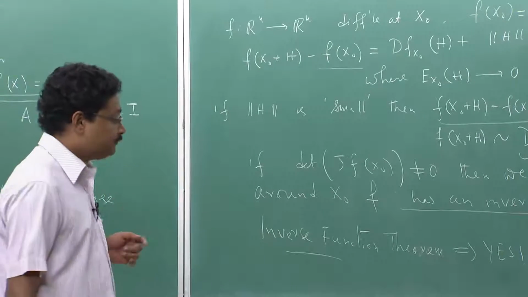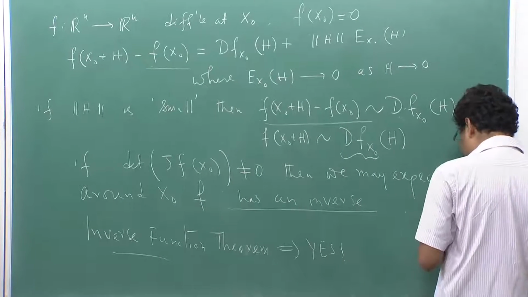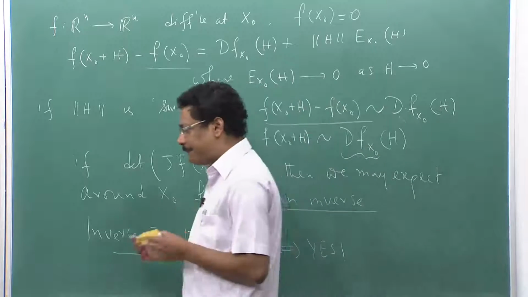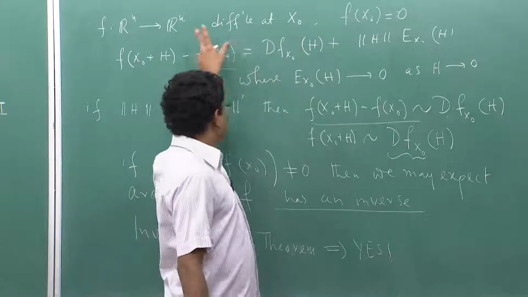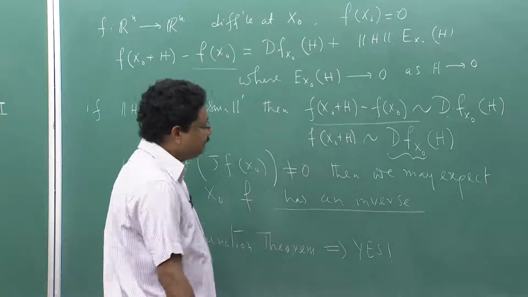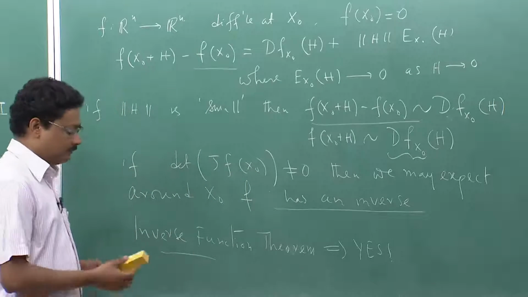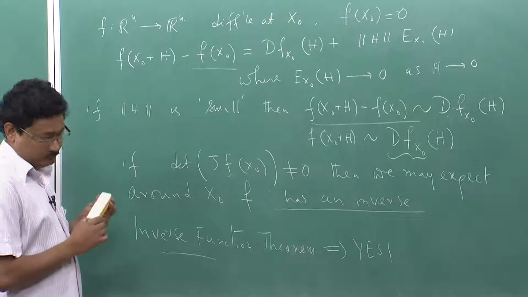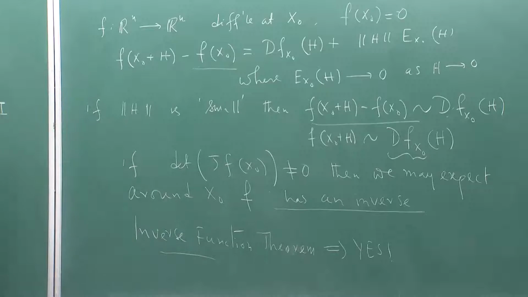So, all I need to do is to see what happens to a nice function, a continuously differentiable function, if it has non-zero Jacobian determinant at a point, and that too only for R to R. So, that means a function from some interval a b to R, x naught an interior point. What happens if f prime x naught is not equal to 0?